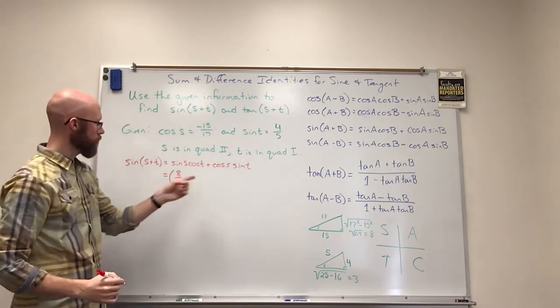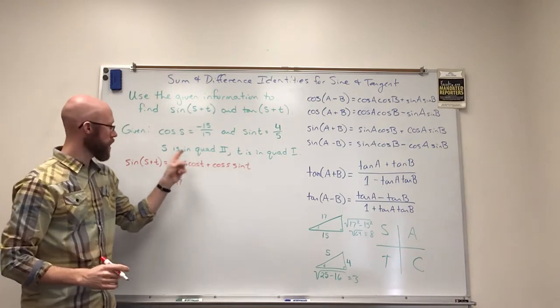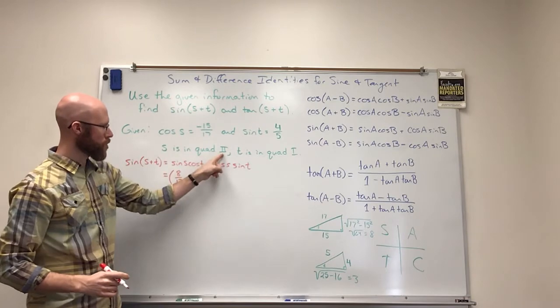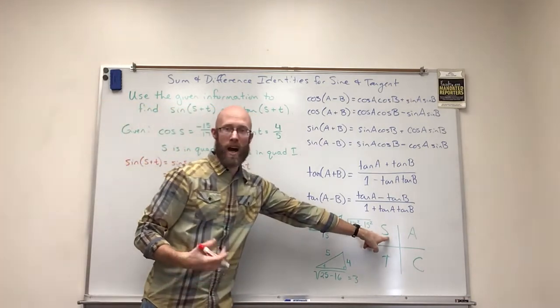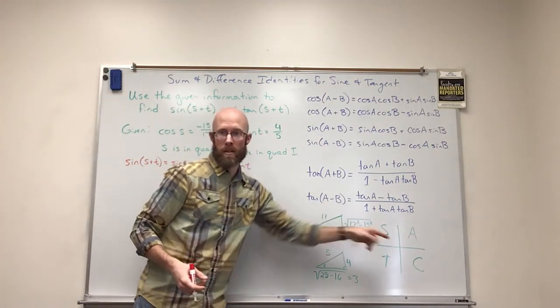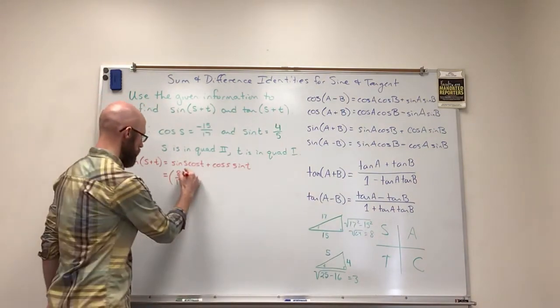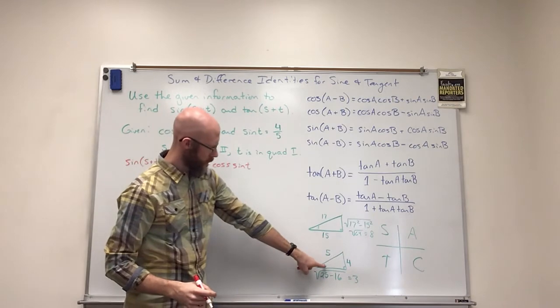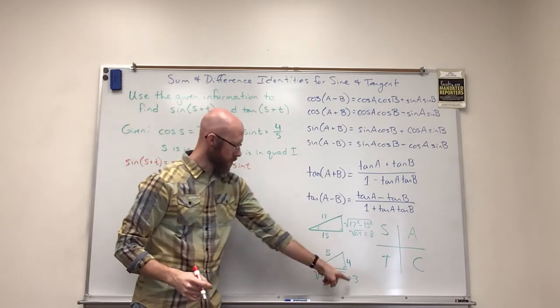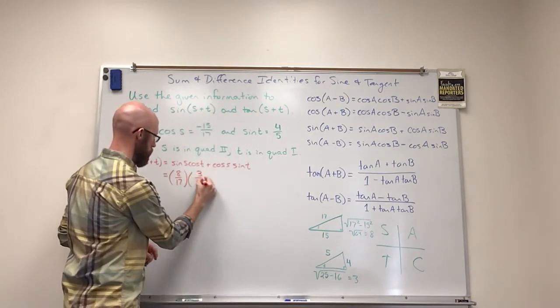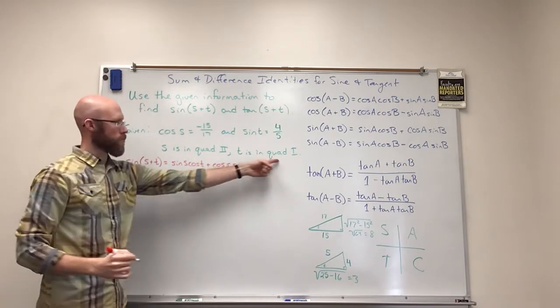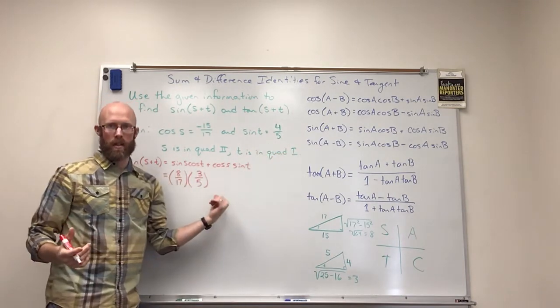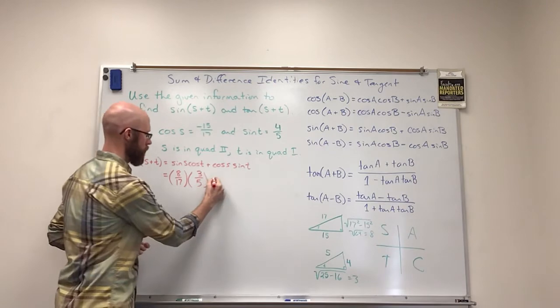But we've got to be careful because of the quadrant, right? S is in quadrant 2, the sine is positive in quadrant 2, so I'm good with a positive value there, 8/17. Cosine of T, the cosine is adjacent over hypotenuse, it's 3/5. T is in the first quadrant, so everything's positive there. I don't need to worry about the sign on that one.